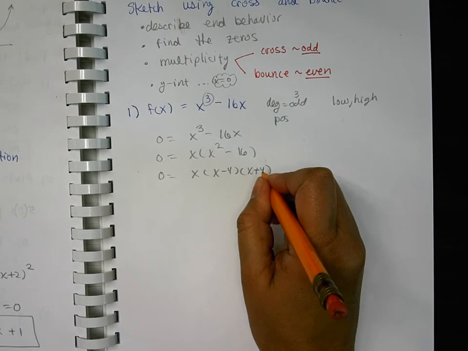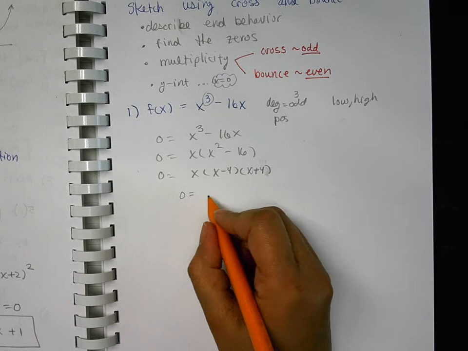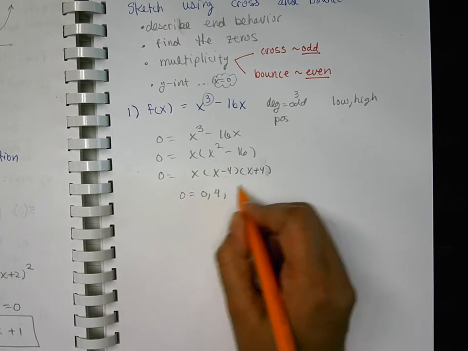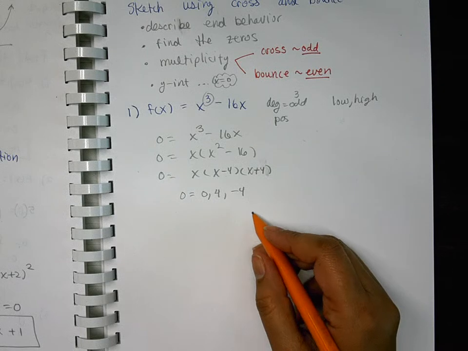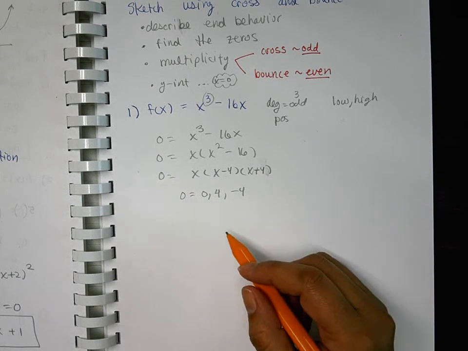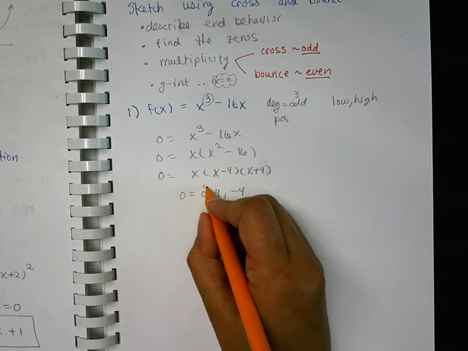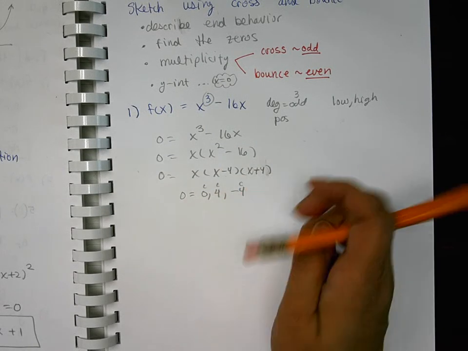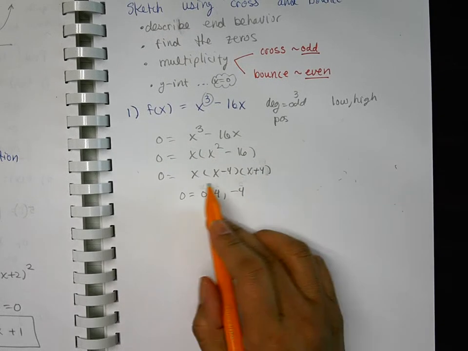What are my 3 zeros? 0, 4, and negative 4, and all of them have a multiplicity of 1. Do you agree? So they're all crosses, bounces, or different ones? They're all crosses, because they all have a multiplicity of 1.